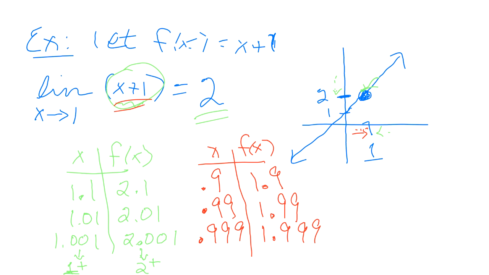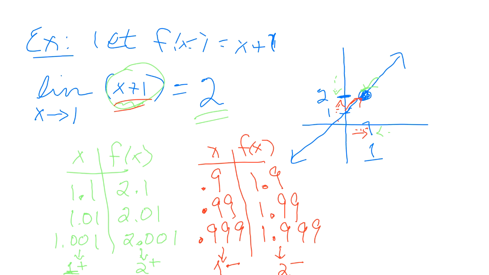What we're actually doing is we're approaching the graph's filled-in blue dot, but we're approaching a height of 2 from below. So in this case, x is approaching 1 from below or from the left, then my height is actually approaching 2 from below or from the bottom.